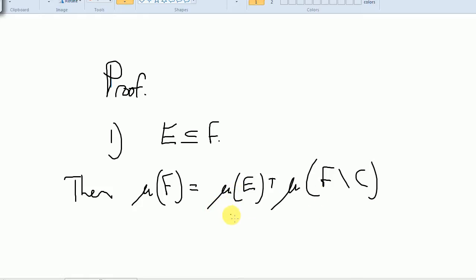So by the property of measures that says that measures are additive, this equation is true.